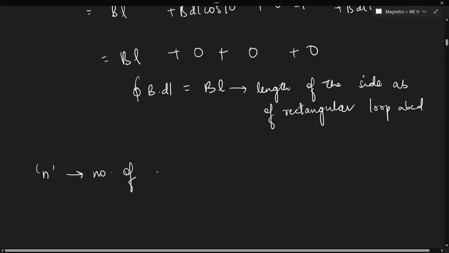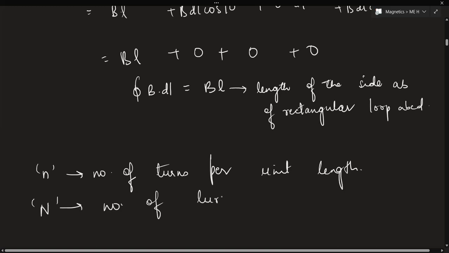Small n is number of turns per unit length. It means if number of turns is N and L is the length, so small n can be written as capital N divided by L.